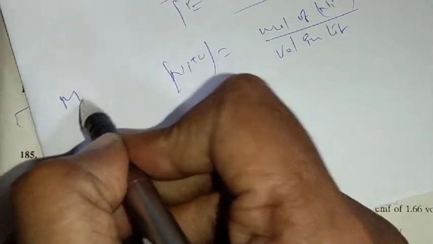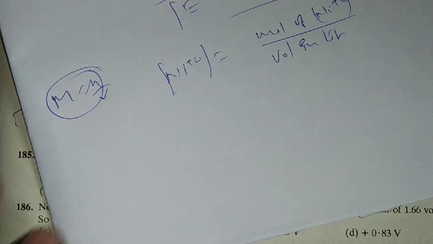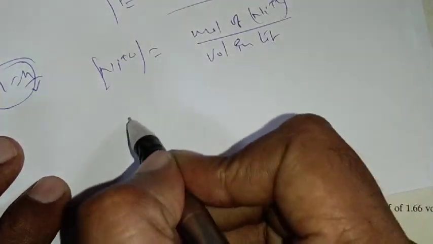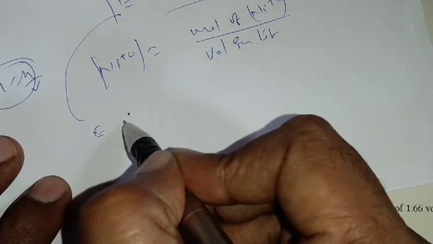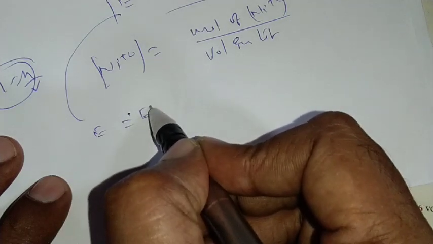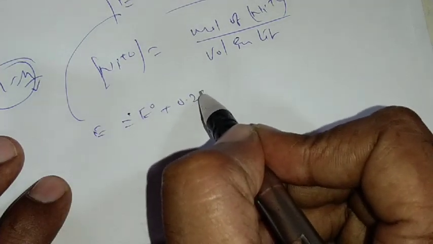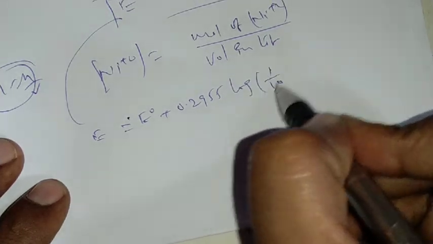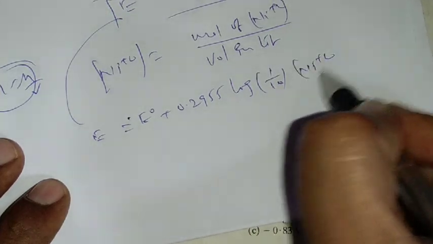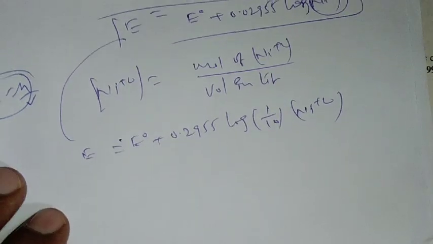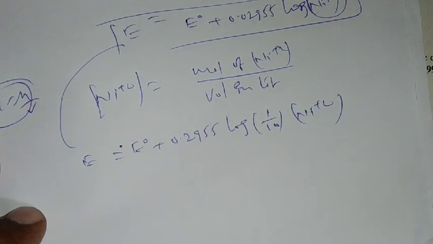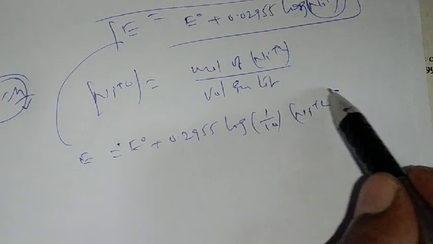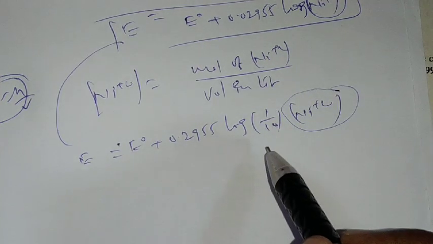You know the formula M equal to n by V. Now from here, E equal to E0 of the cell plus 0.02955 into log of 1 by 10 Ni2+. Why 1 by 10? Because it is diluted 10 times. If you consider this Ni2+ as 1, it is 1 by 10 times diluted.